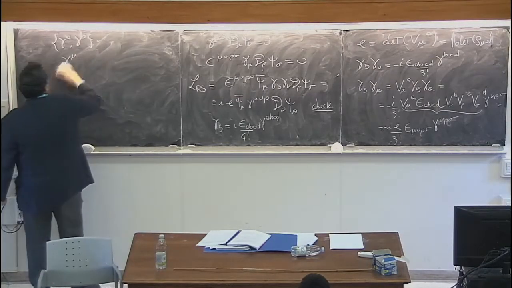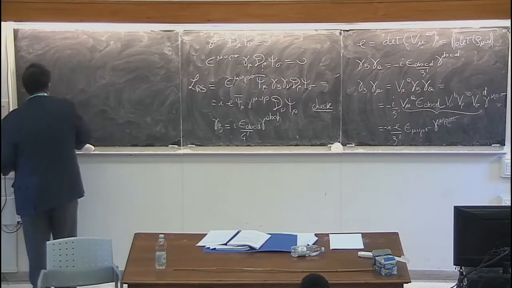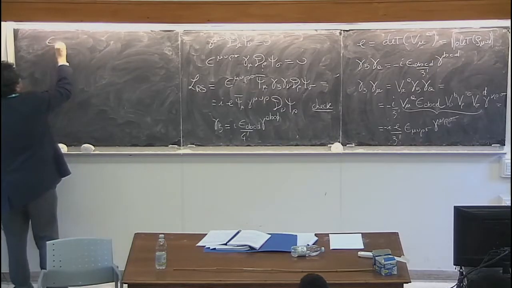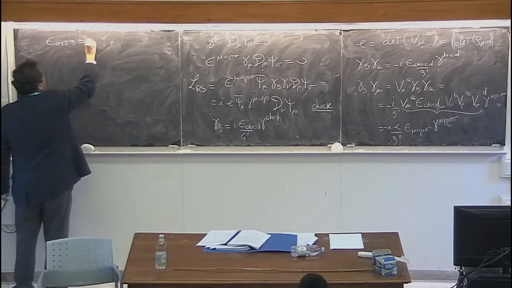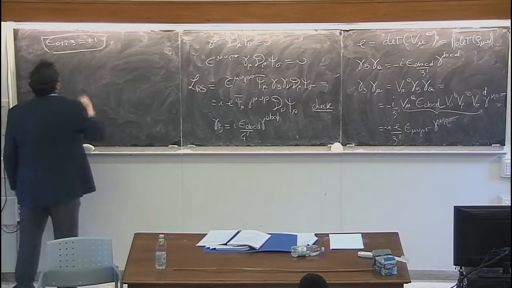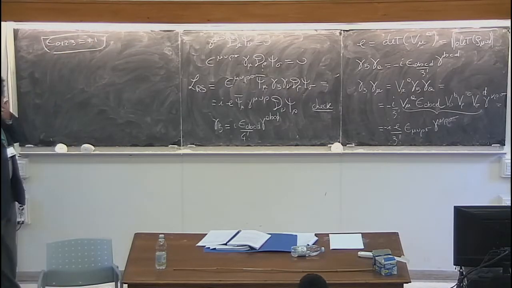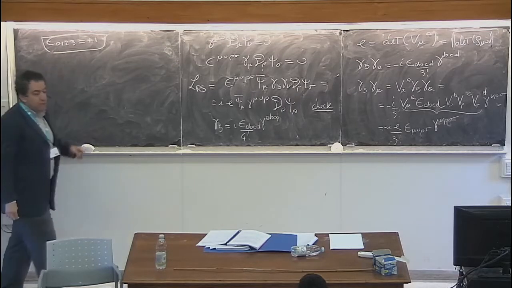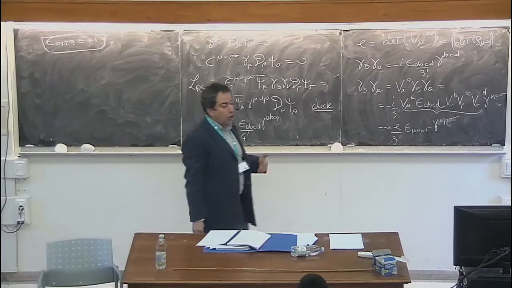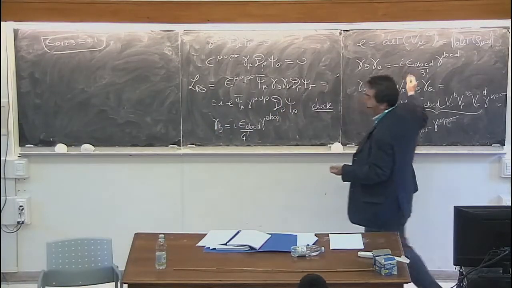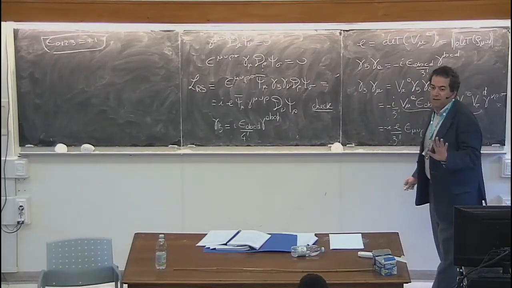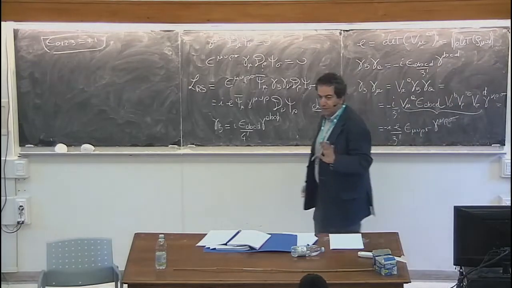The entries are numbers. So epsilon 0, 1, 2, 3 is equal to +1, either if we regard 0, 1, 2, 3 as curved indices or rigid A, B, C, D indices. It's always +1.